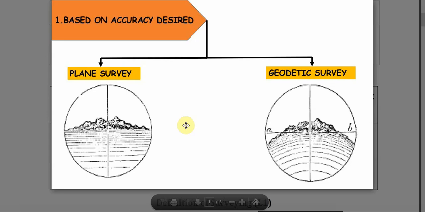This assumption holds good for smaller areas. But if you're conducting a survey over larger parts such as the whole of Karnataka or the whole of India, then you have to assume the survey as geodetic survey.